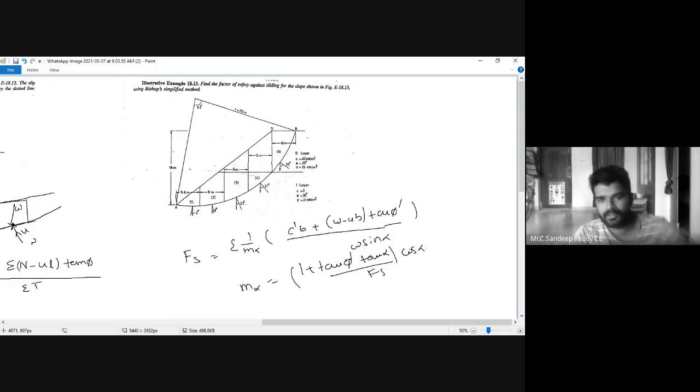These are the 2 equations which we derived in the Bishop simplified method. These equations are given, Fs and m alpha.